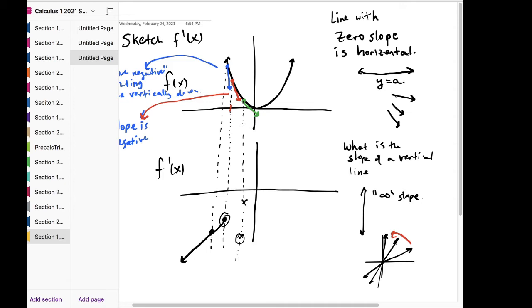So the more vertical a line is, the more infinity it is, right? So if it's pointing downward in vertical, the slope is closer to negative infinity. If it's upward in vertical, it's closer to positive infinity. And then if it's flat, it's zero.